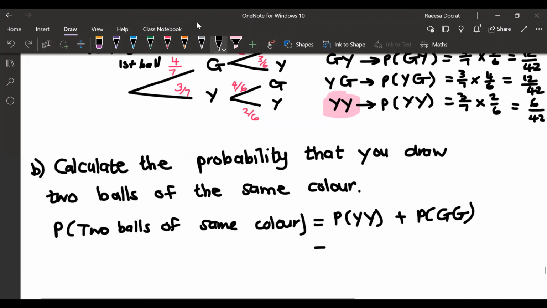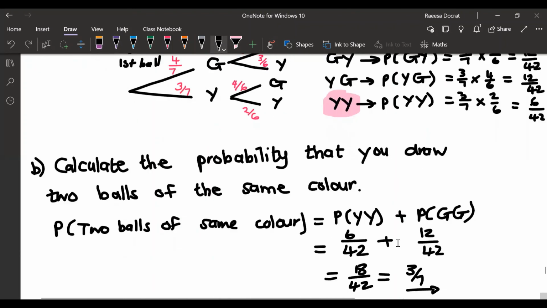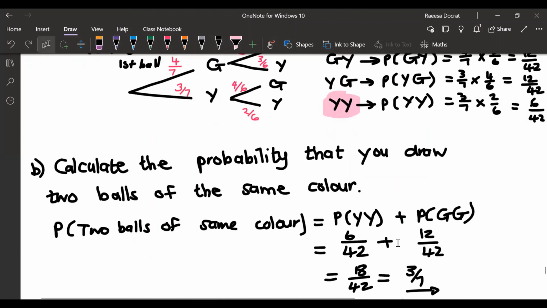We've already calculated those probabilities above. So it's 6 over 42 plus 12 over 42, which is then 18 over 42. If you wanted to simplify that, you would get 3 over 7. So that's the probability of you drawing two balls of the same color.